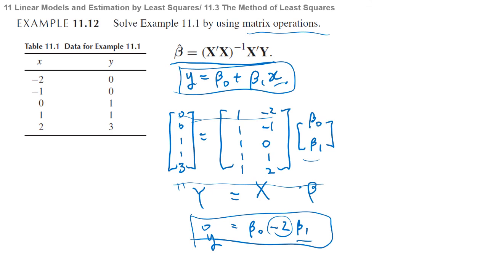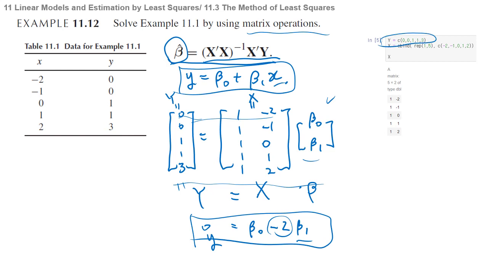Okay, so we write it this way, and let's try to fit our beta hat. Beta hat is this thing. If you define this as your X and this as your Y, then you can calculate beta hat. So you specify your y as 0, 0, 1, 1, 3, and you specify your X with a column of 1s here and xi here.